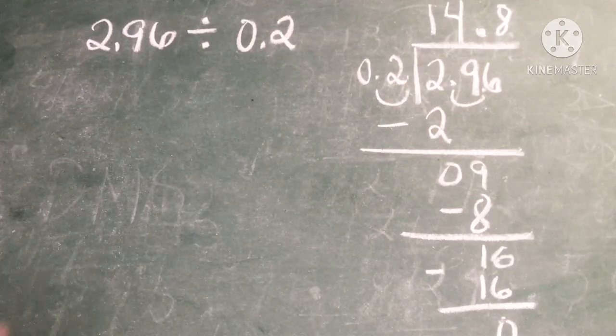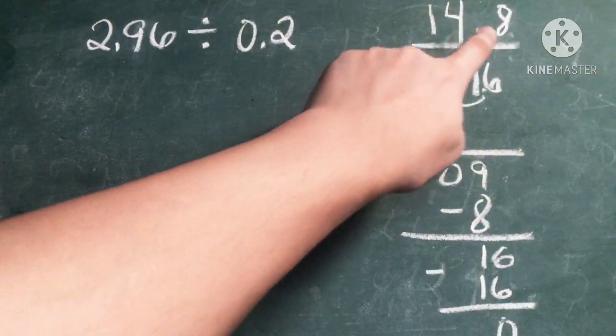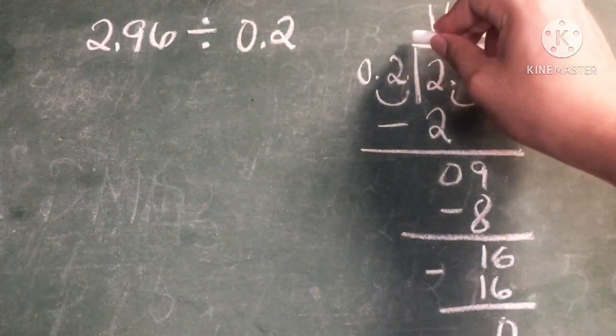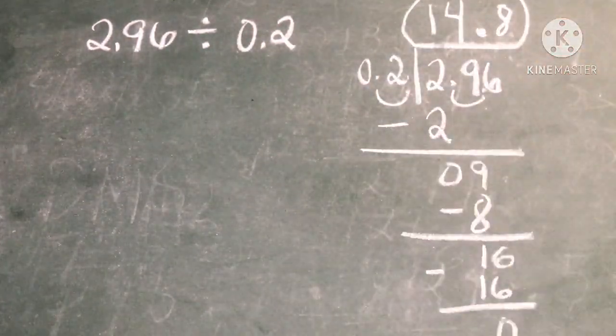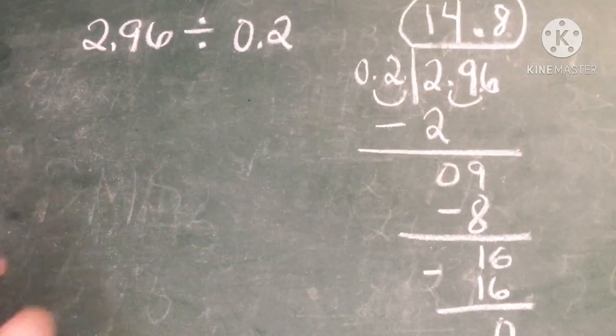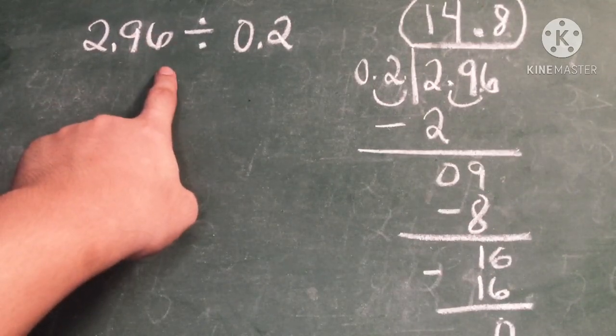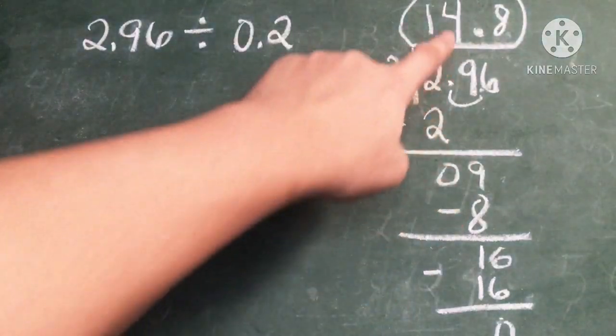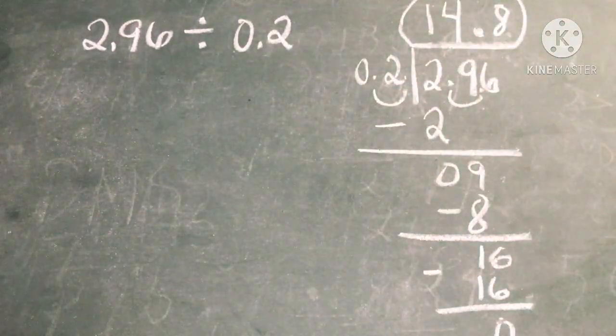So, our answer is 14 and 8 tenths. So, yan yung ating quotient na tinatawag. So, yan yung sagot. Ang sagot, 2 and 96 hundredths divided by 2 tenths is equal to 14 and 8 tenths.